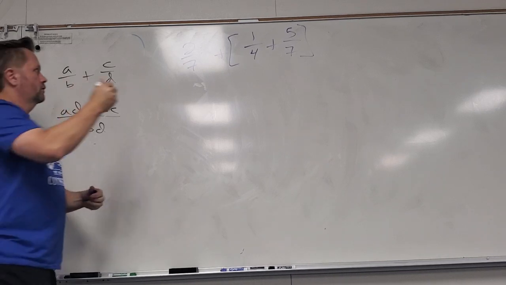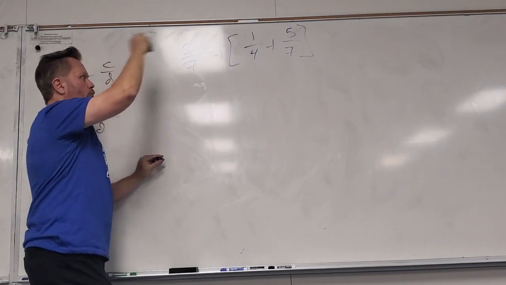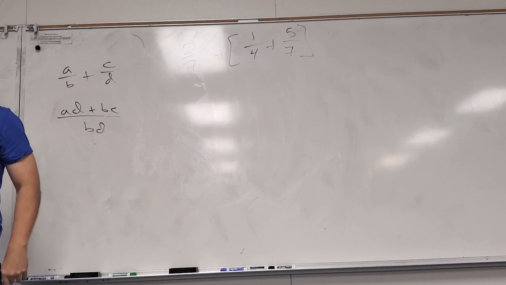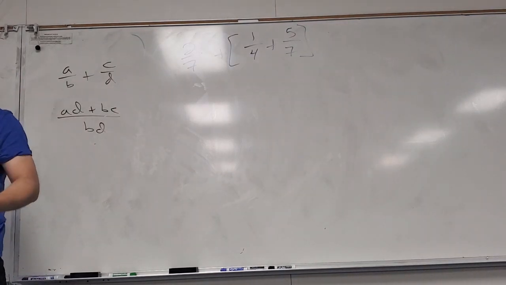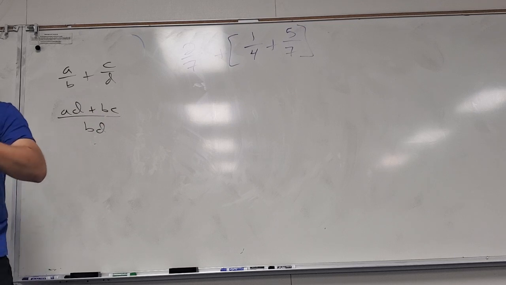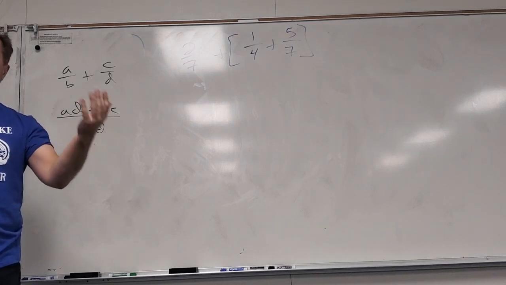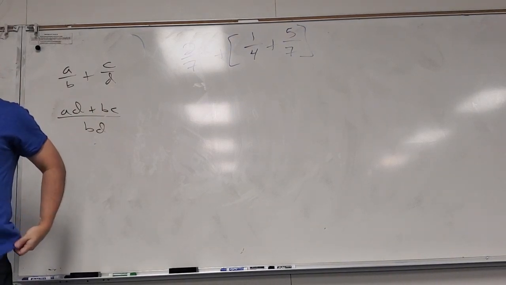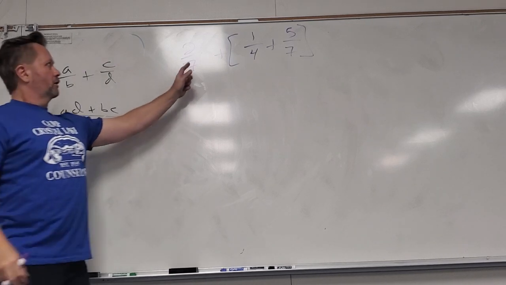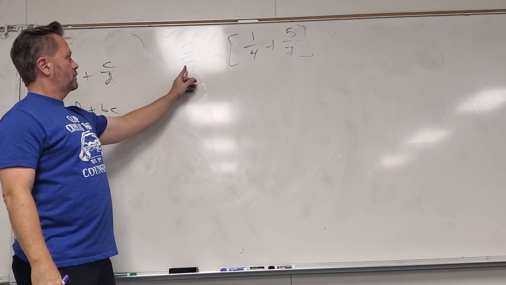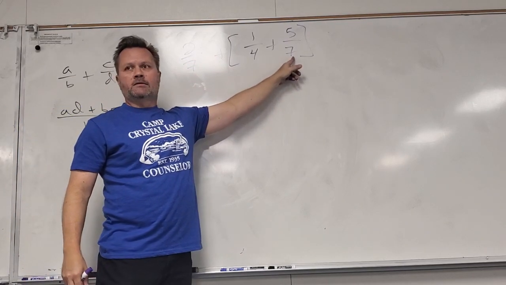Okay. So now what properties do I have to use, just to get really pedantic? What properties must exist for fractions to be able to put those together? There's at least 2. Am I currently allowed, the way it's written, to add this to this? Nope.